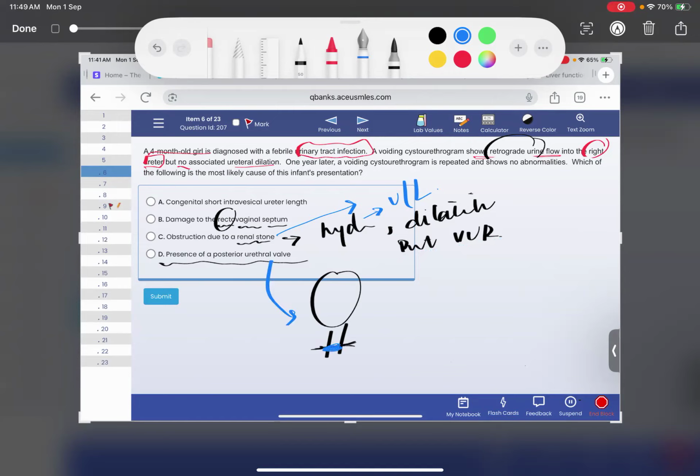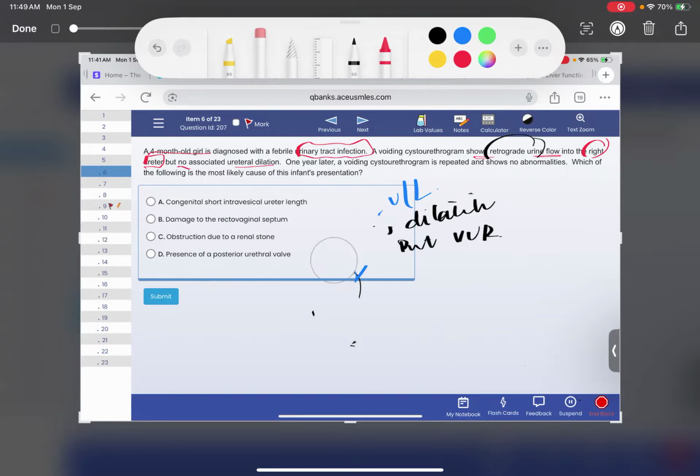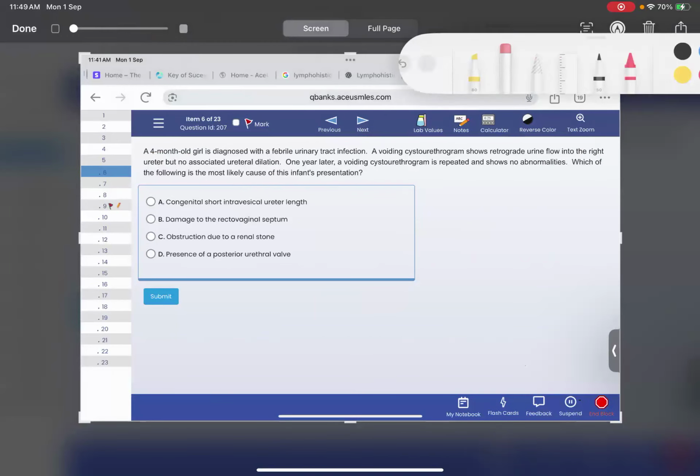The obstruction is present in the posterior urethra, so it will increase pressure in the bladder and affect both kidneys, causing bilateral hydronephrosis. So you need to have some concepts of bilateral and unilateral hydronephrosis and their different causes. We will explain these, okay?